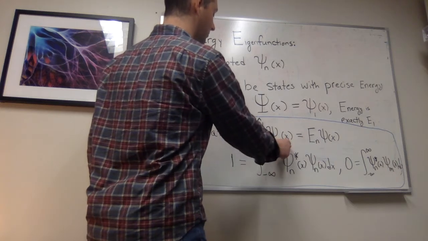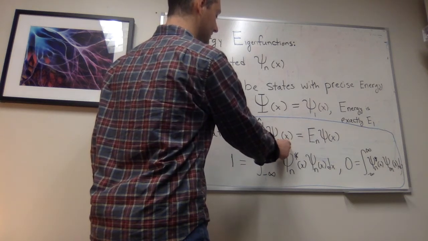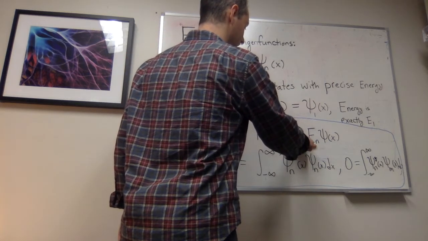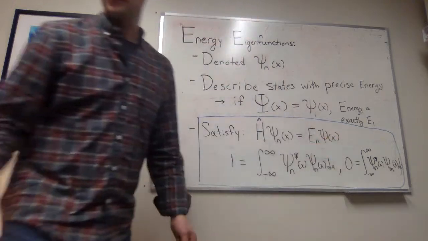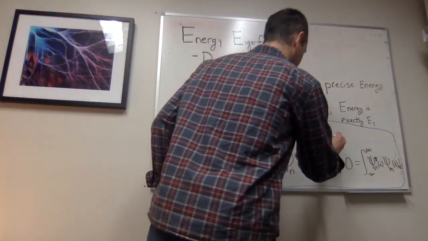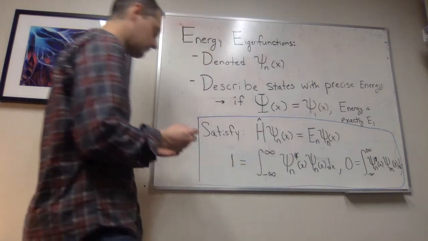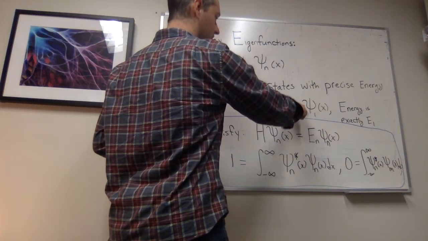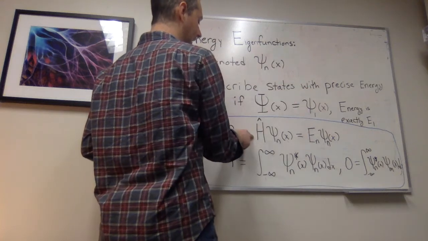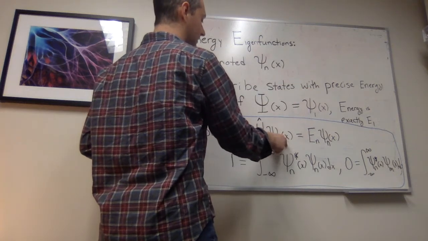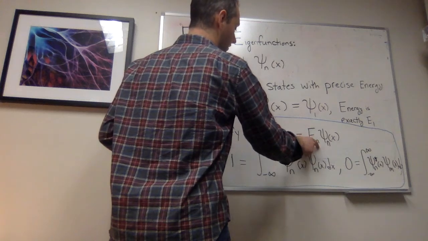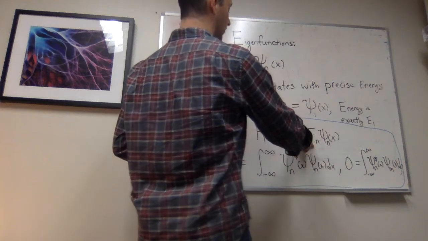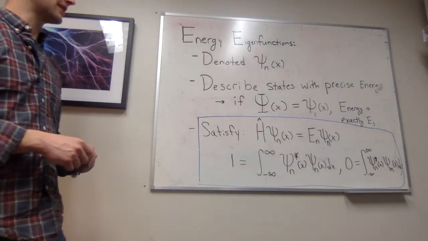H hat acting upon my energy eigenfunction is exactly equal to some energy eigenvalue multiplied by the same energy eigenfunction. If I were talking about the first energy eigenfunction, H hat acting on psi sub 1 of x would be equal to E sub 1 times psi sub 1 of x. E sub 1 would be the actual ground state energy value. It would just be a number.